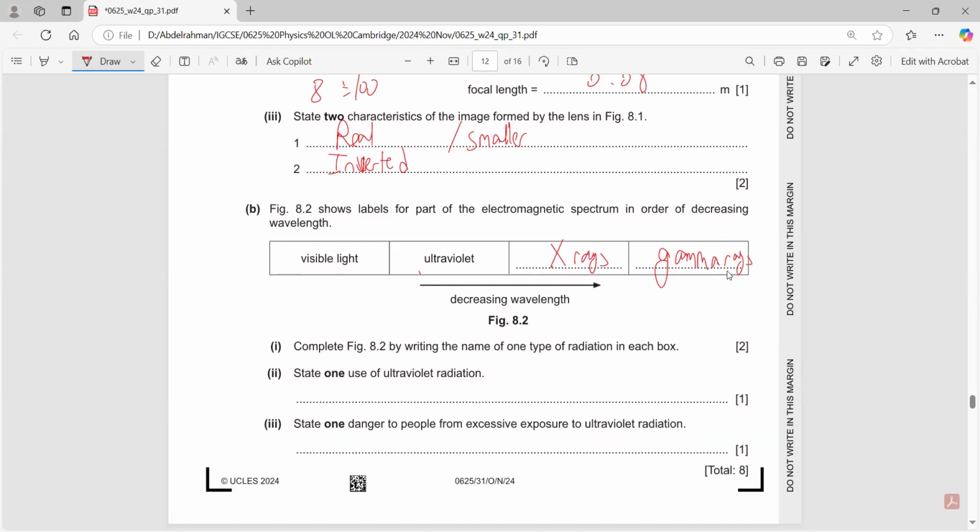One use of ultraviolet radiation: detecting fake banknotes.